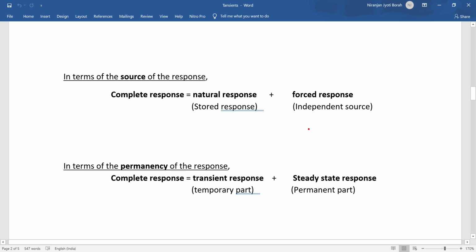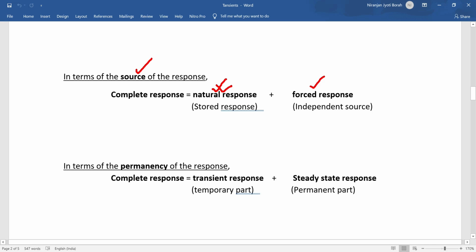The complete response or total response of the circuit can be decomposed in two ways. In terms of source of response, we can break it into natural response and forced response. The natural response refers to the behavior of the circuit with no external source of excitation.